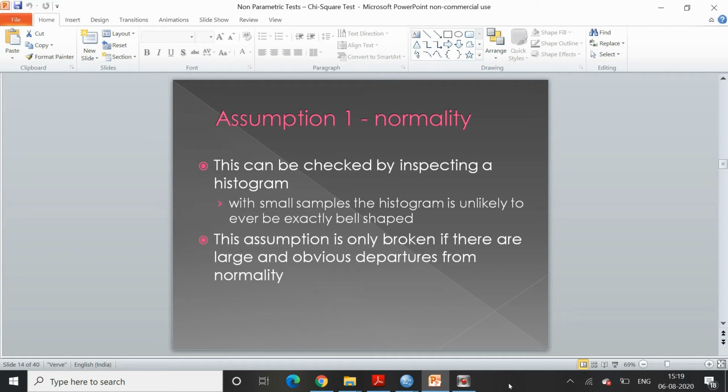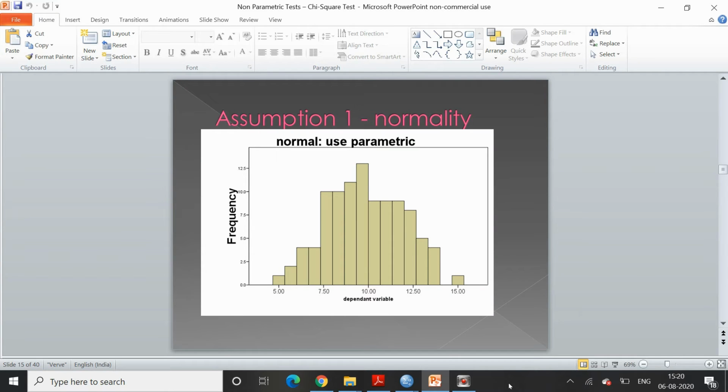The third method of checking the normal distribution of the curve is to look at the histograms. With a small sample, the histogram is unlikely to be like a bell shape, but still we can try to see the approximate shape of the curve and find out whether it is normally distributed or not.